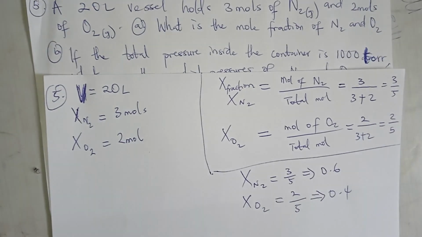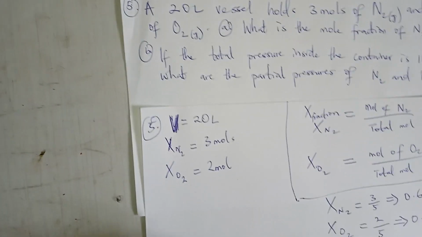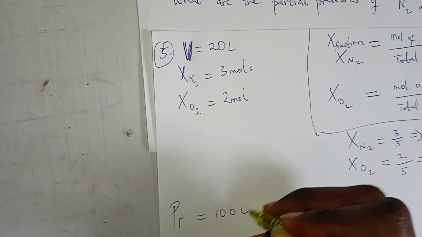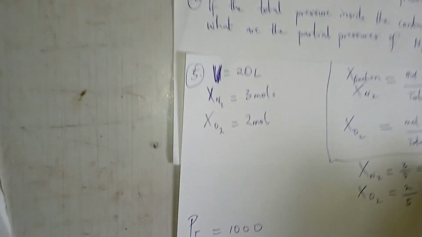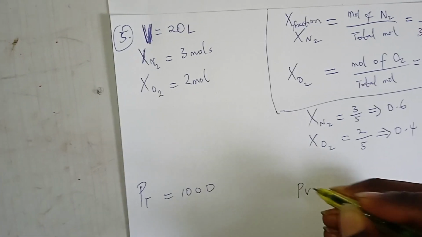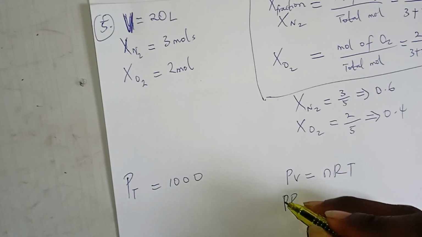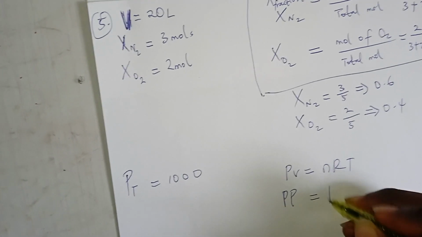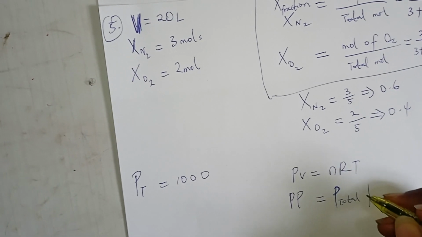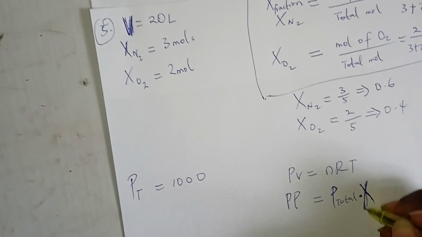So anytime they ask you to find the second part, they say what if the total pressure PT is equals to 1000. Anytime they ask you to find partial pressure, they say find the partial pressures of N2 and O2, it's either you use this formula PV equals nRT, or you use partial pressure is equals to total pressure times mole fraction.